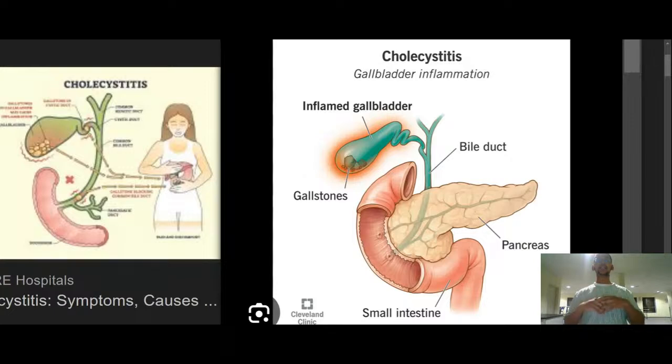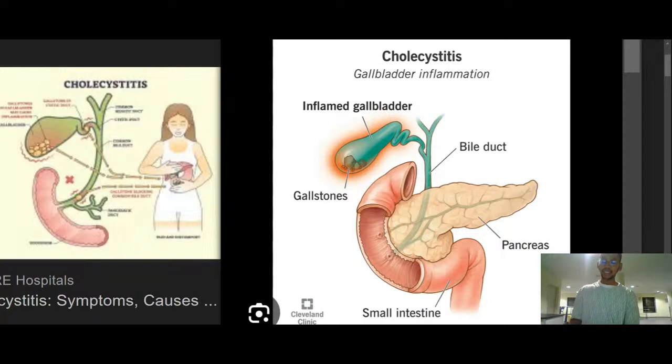Essentially, cholecystitis is an inflamed gallbladder. In acute cholecystitis, the gallstone becomes impacted in the cystic duct or Hartmann's pouch, followed by inflammation and eventually infection in the gallbladder. The initial symptomatology is similar to biliary colic.